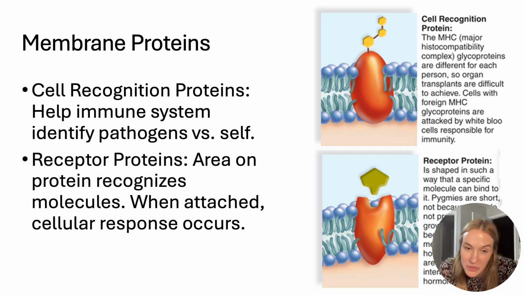Then we have receptor proteins that are very important, again, in that cell signaling unit, unit 4. So be prepared to see them again. Instead of delivering something into the cell, they are delivering information into the cell. Some signal is received by the cell.